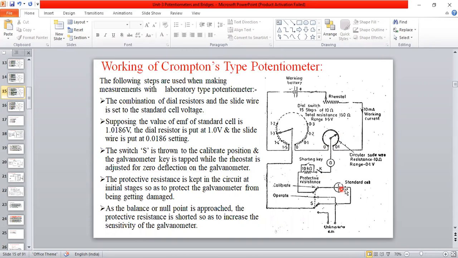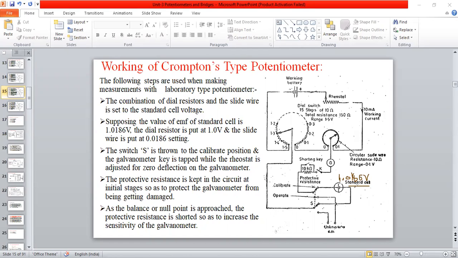By this one we can set it. Suppose I will write this standard value as 1.0186 volt. This is the standard cell voltage I have fixed here.